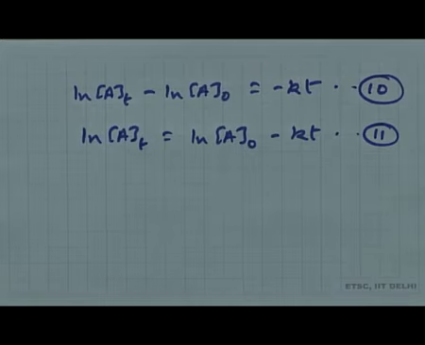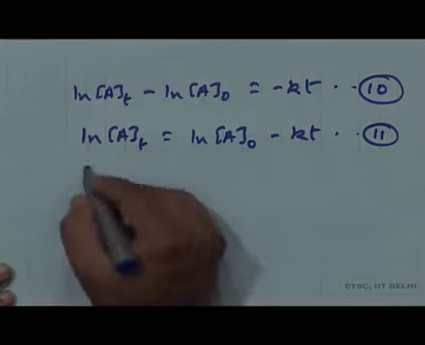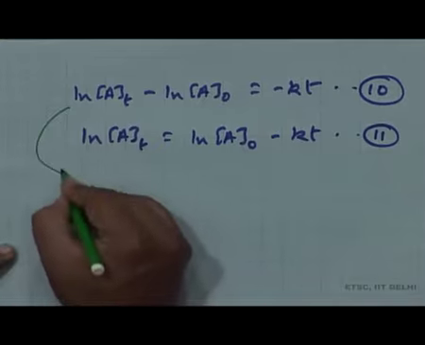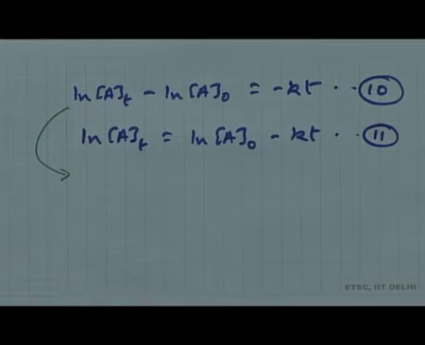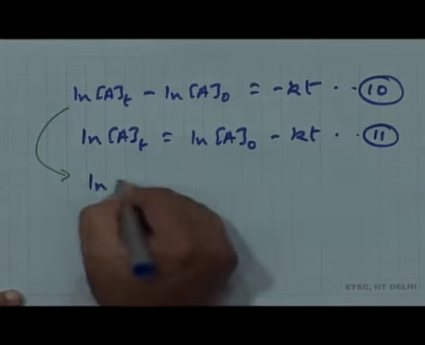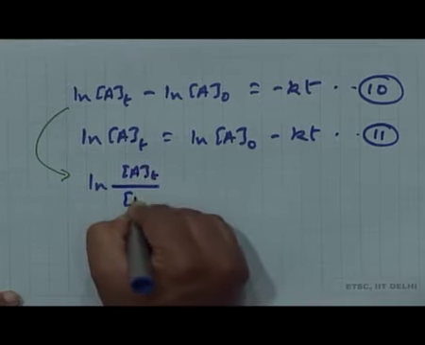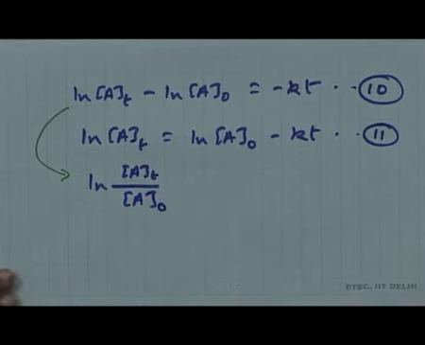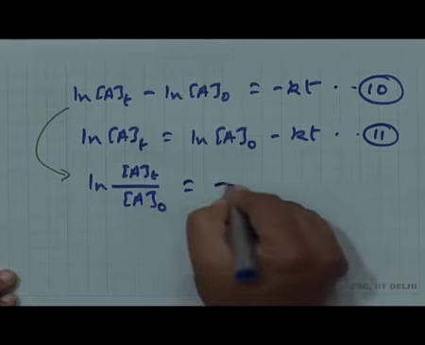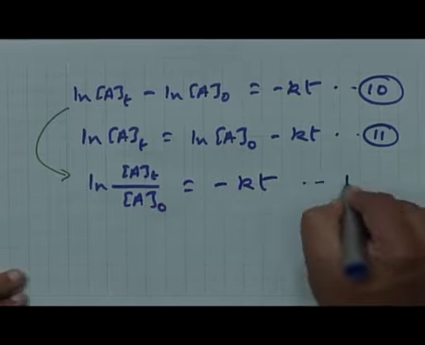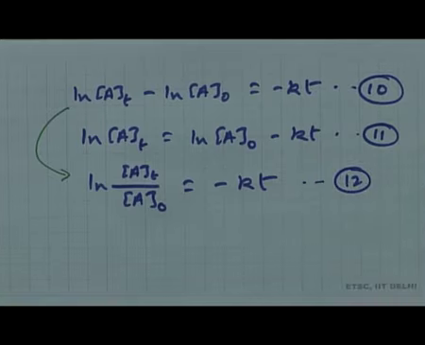The other way of writing this equation is natural log of A t over A naught is equal to minus Kt, right. So let this be 12, okay.